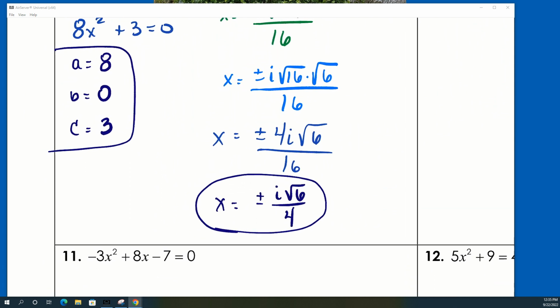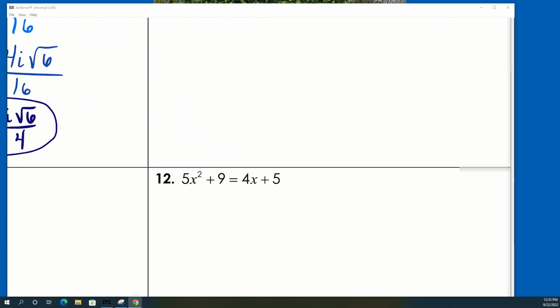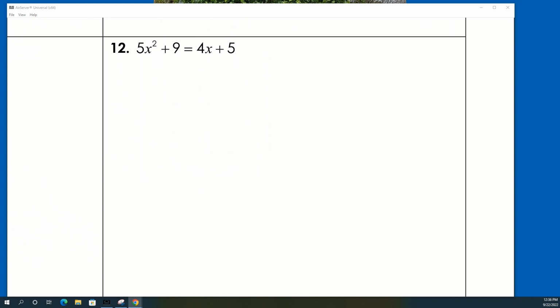Okay, we're going to do one more, number 12. All right, so same beginning. We're going to get everything on one side by subtracting the 4x and subtracting the 5.